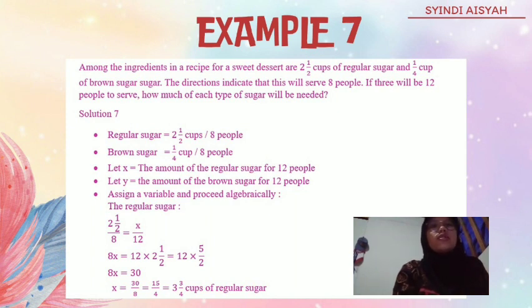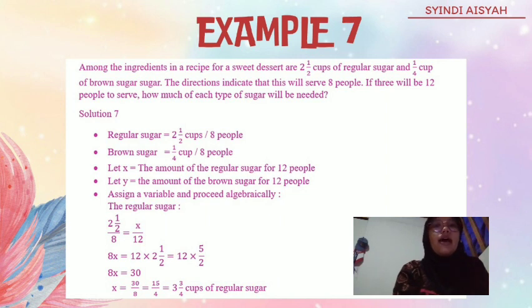Solution. Regular sugar is 2.5 cups per 8 people. Brown sugar is a quarter cup per 8 people. Let x be the amount of regular sugar for 12 people. Let y be the amount of brown sugar for 12 people.